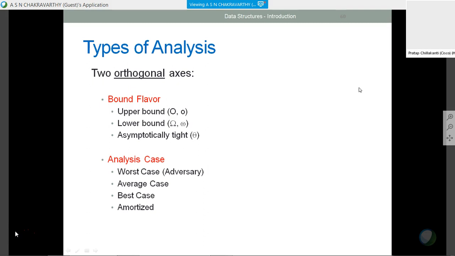Again, still a little bit of theory. These are all the terms that we use when we talk about complexity analysis. Computer scientists talk about upper bound, lower bound, and tight bound, so there's big O, omega, and theta. You can also talk in terms of the worst case.